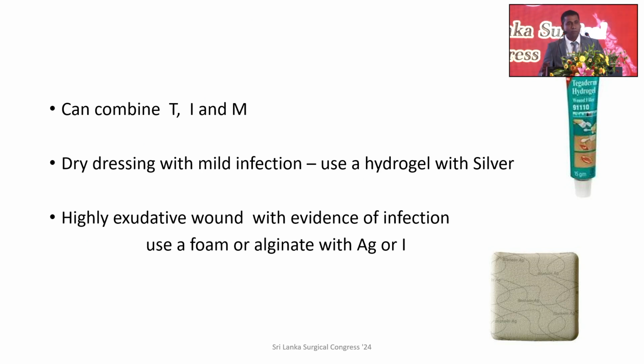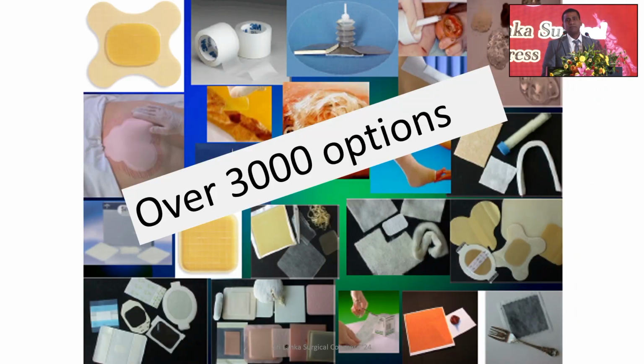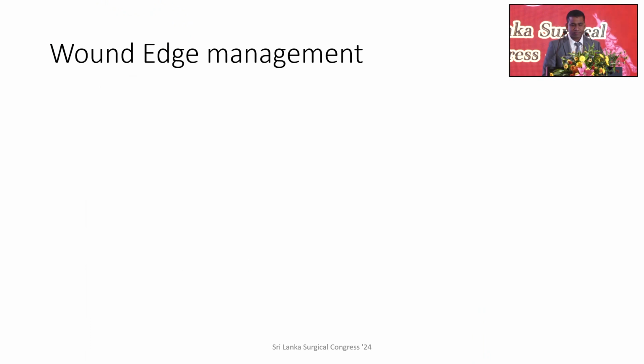You can have a foam with infection, you can have a gel without infection, you can have a gel with silver. So a lot of things can be done, but remember, a lot of things are there in the market. You decide based on what you have, based on cost, and all those things, what is going to work best for your patient. Because at the end of the day, it is about getting that basic aim of holistic care sorted out.